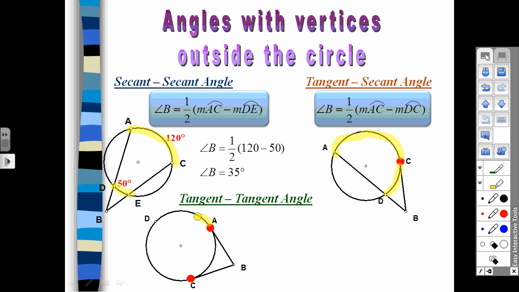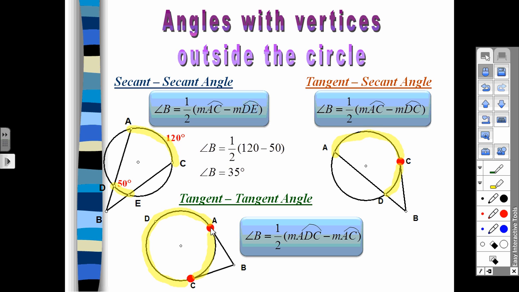So here's one arc, the really big major arc, going all the way around, okay? And then we also have this little minor arc, which is right here, okay? So it ends up looking like we're using the entire circle, and we are. So the formula, 1/2 the major arc ADC, and then you subtract the minor arc of AC.